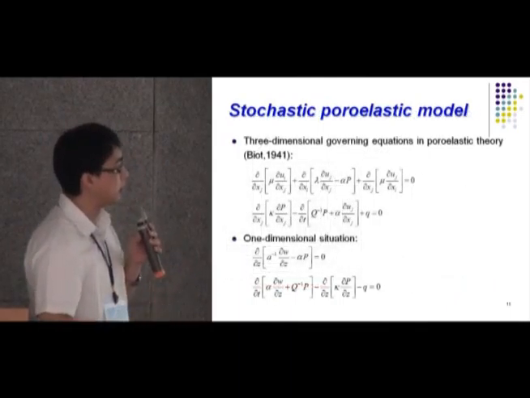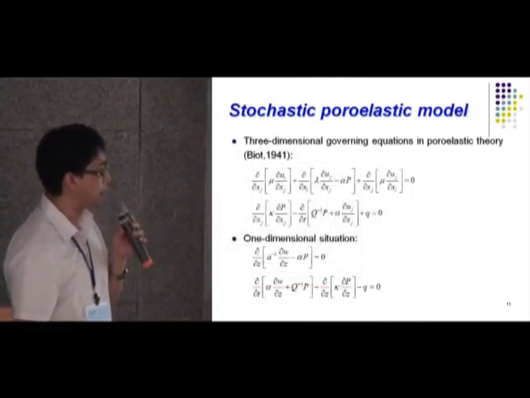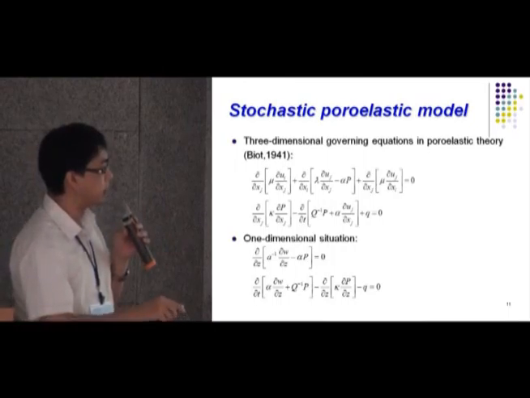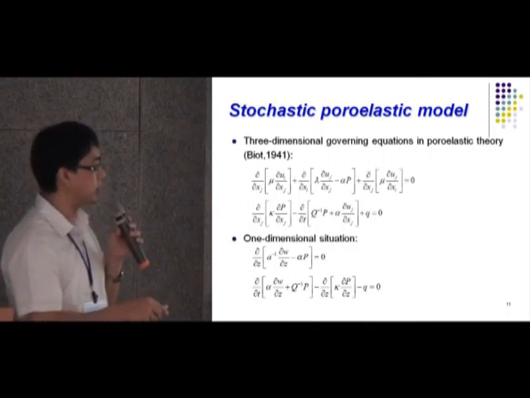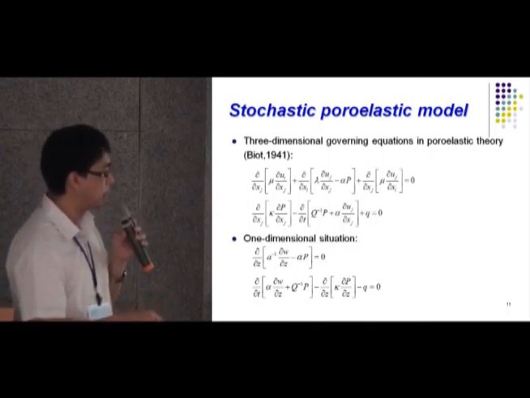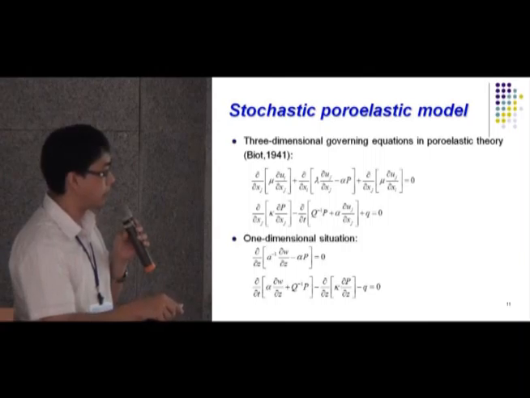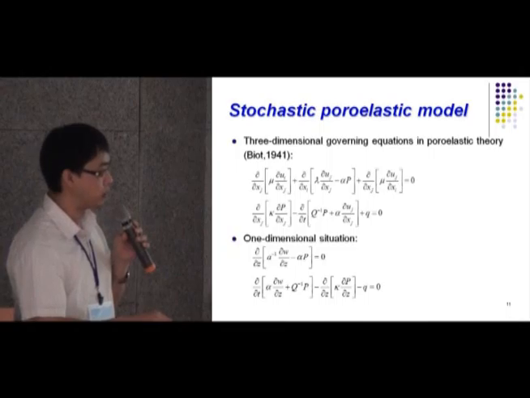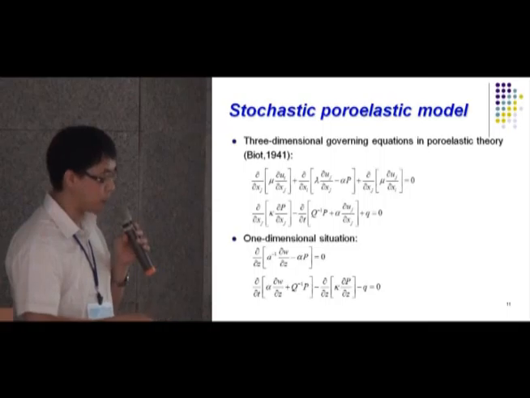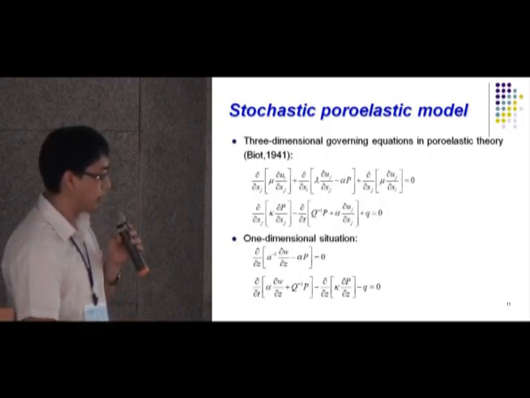Okay, let's see the basic physics theory. This is the governing equation for the elastic theory, proposed by Biot in 1941. We have the displacement in three dimensions, and also the change in water pressure. This includes three equations, and the other is derived from the mass balance, with the change in water pressure and the deformation.